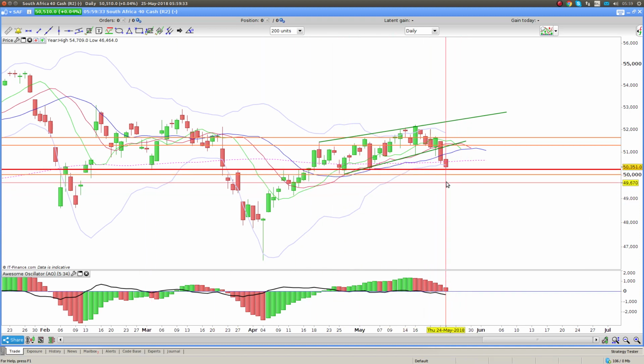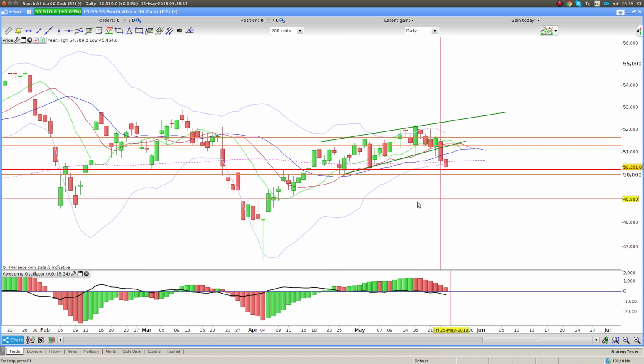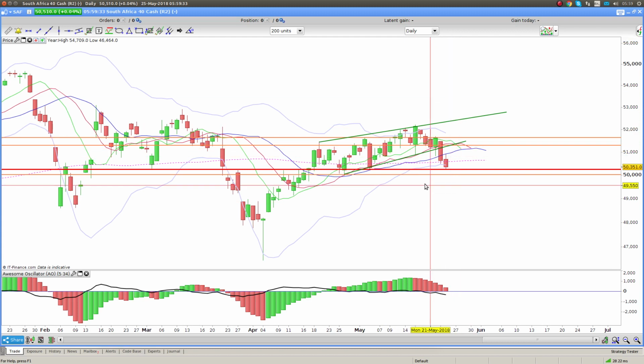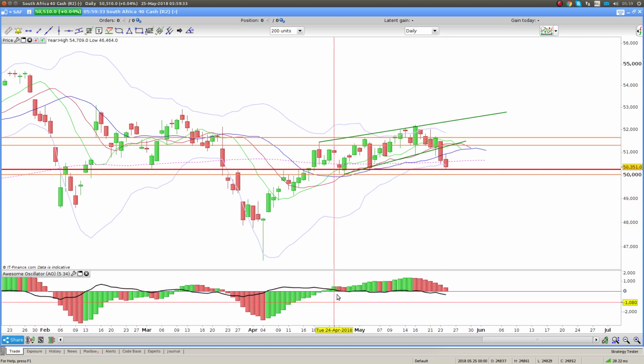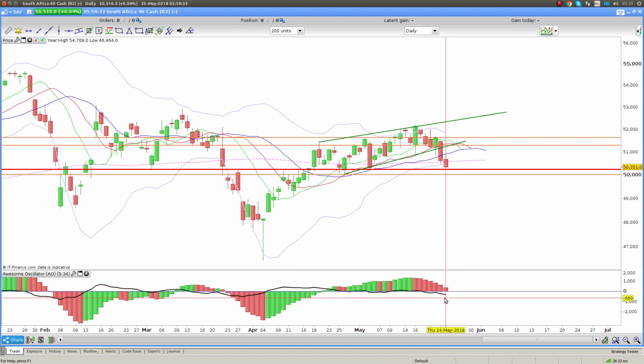So, you know, if we do break below this, then there's more downside to come. But for me right now, we have closed below the 200-day moving average, which is bearish. But the awesome oscillator is still above the 0, and this divergence has played out quite nicely.